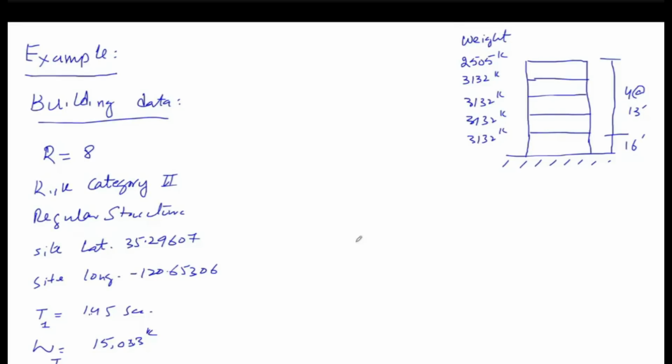Now, the ground motion data. The site class is D, which represents a stiff soil.